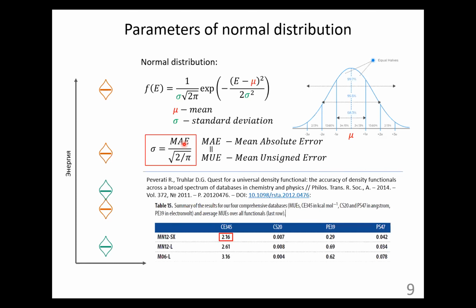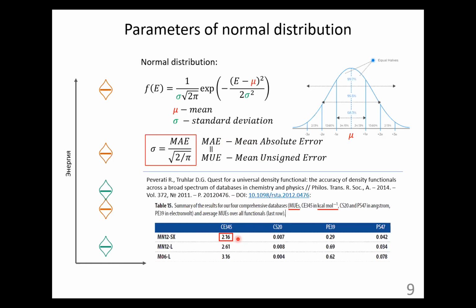And we can find some examples of mean absolute errors, for example, in this review by Truhlar, where the best functional has a mean absolute error of 2.16 kilocalories per mole, which is quite large from my perspective.